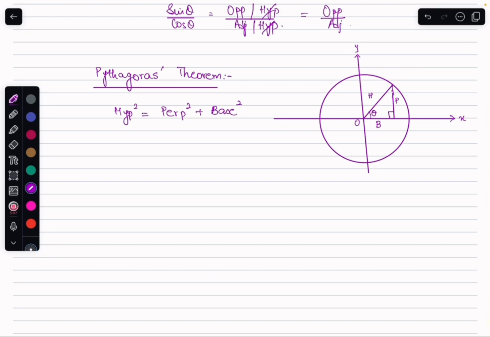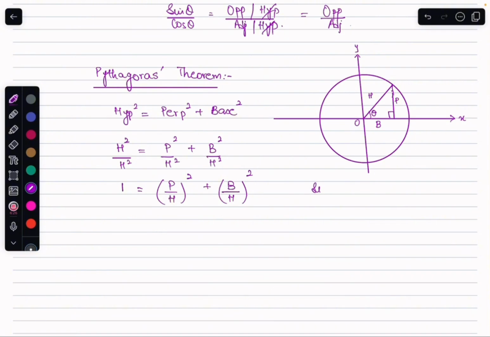Again, I will be using the identity for the sine and the cosine ratio. But before that, I will be dividing this whole Pythagoras theorem by hypotenuse squared. Meaning h square equals p square plus b square, and if I divide each and every term by hypotenuse square, then I get a 1, and p over h, perpendicular over hypotenuse, the whole square, plus b over h the whole square.